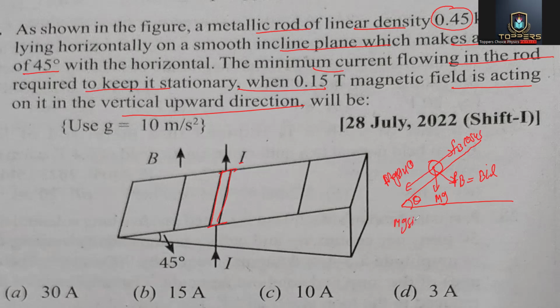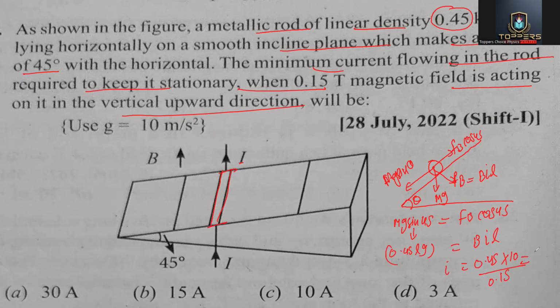mg sine 45 is equal to FB cos 45. So 0.45 L into g is equal to BIL. So you can find out here I is equal to 0.45 into 10 upon 0.15.